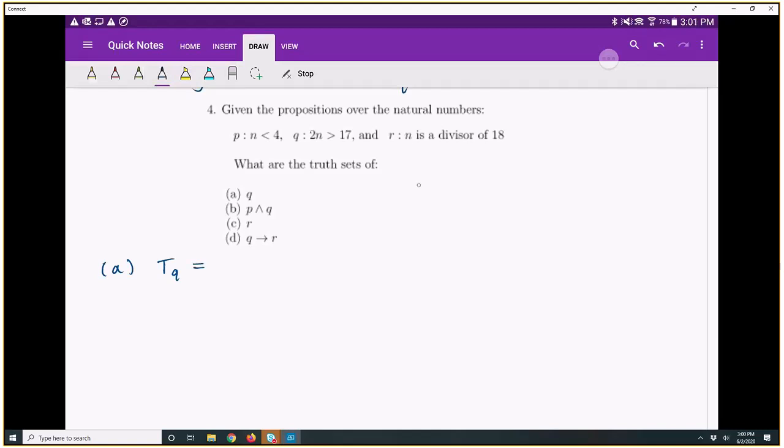So if 2n is greater than 17, then n is greater than 17 over 2, which is equal to 8.5.